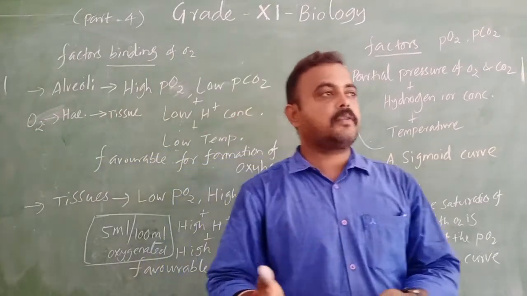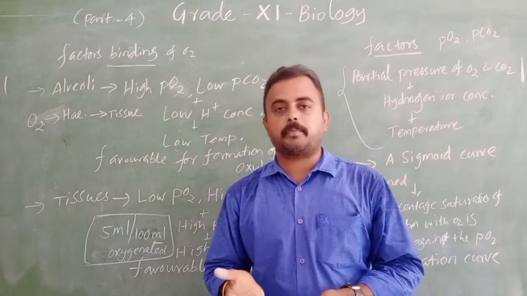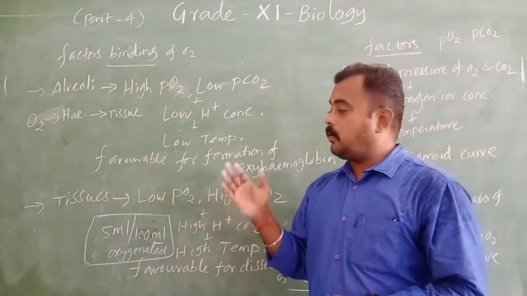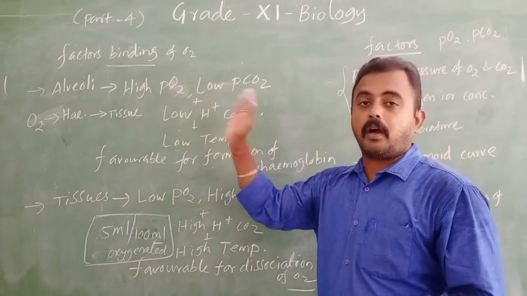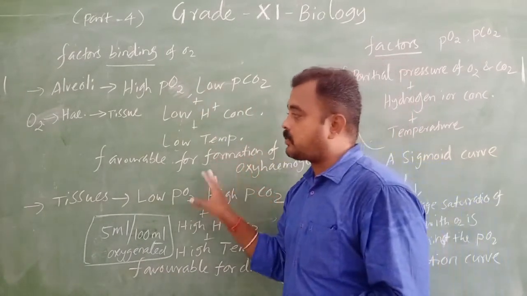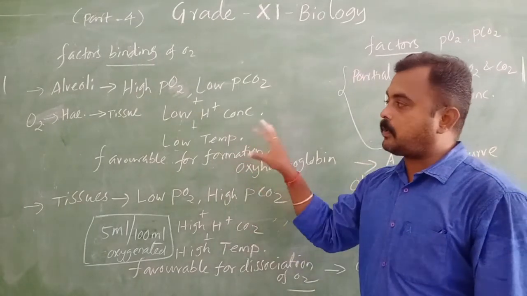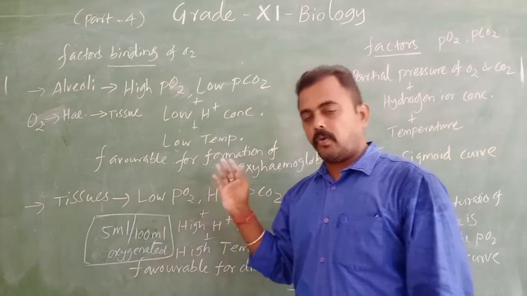So after that what processes happen? Catabolic process. So hereafter we are going to see the transport of carbon dioxide. Now transport of oxygen is completed. Next our topic is transport of carbon dioxide. Do you understand that?